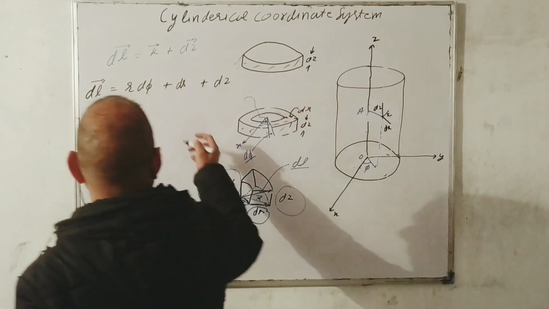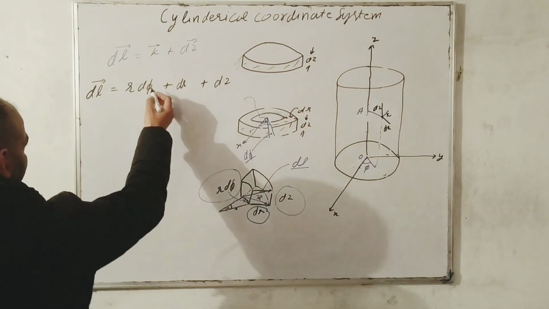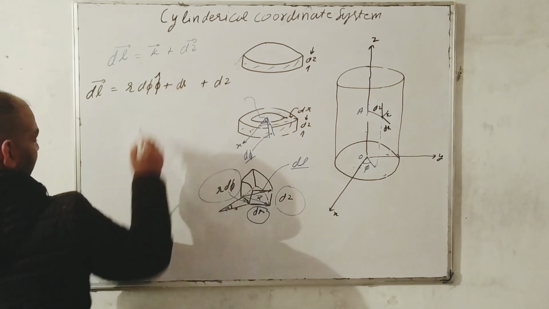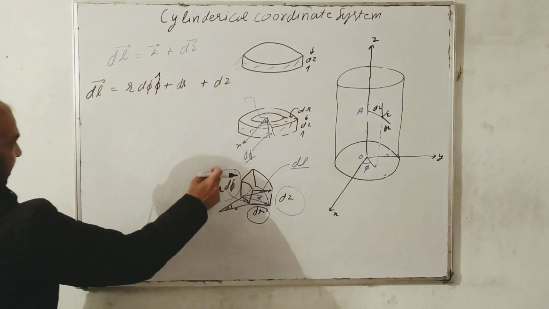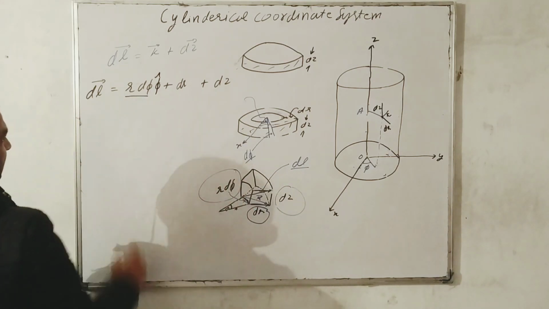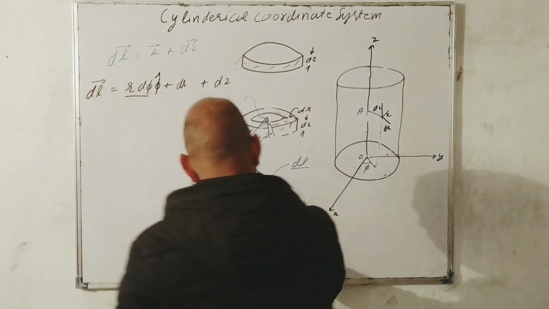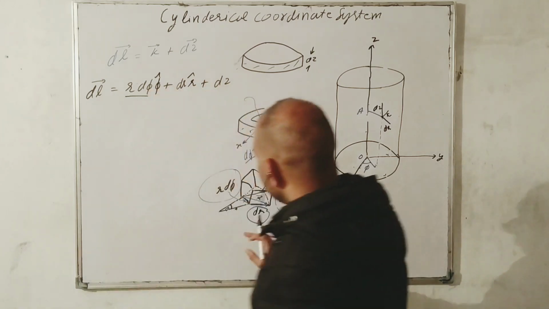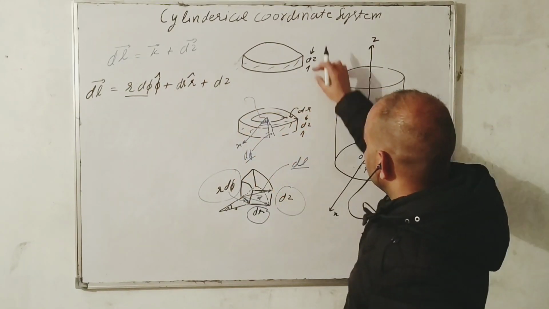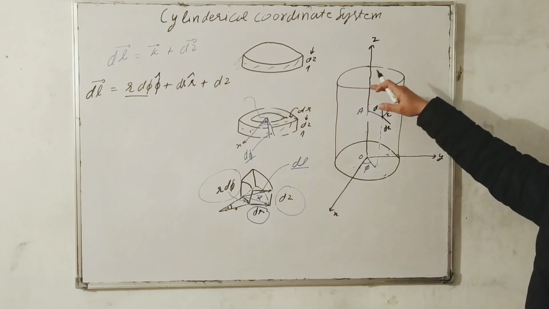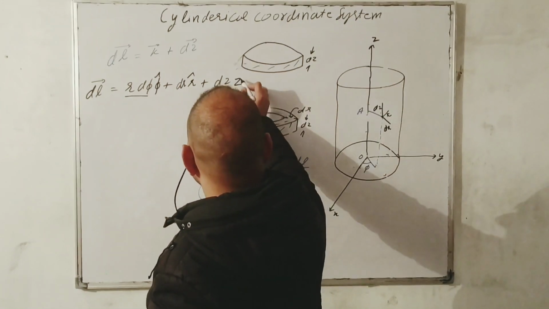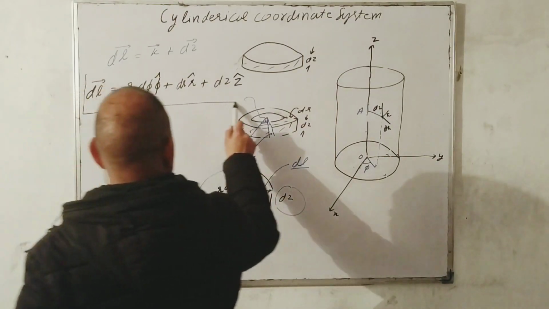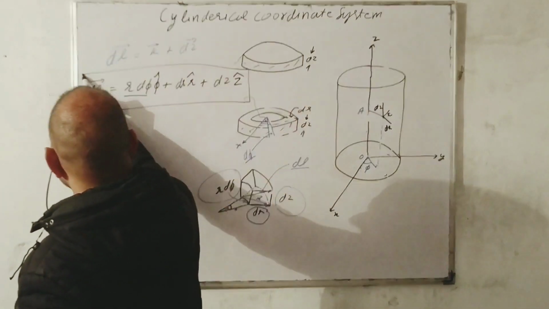But I am writing it simply as r d phi in the direction of phi, because it is changing in the direction of phi. Then dr is changing in the direction of r, so this is r cap. Now dz is changing in the direction of z, so plus z cap. So this is the line element in the cylindrical coordinate system.